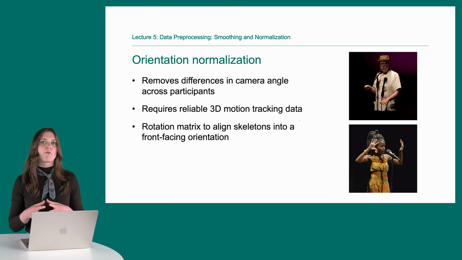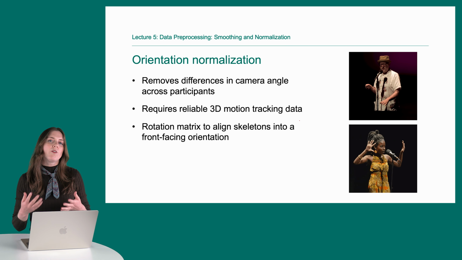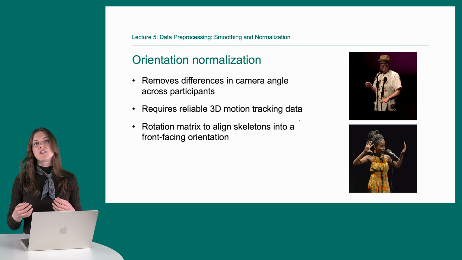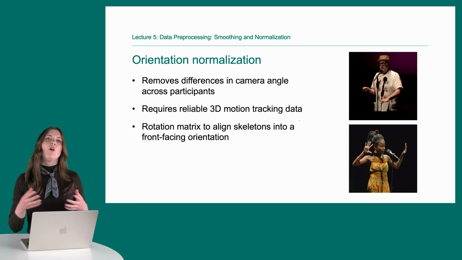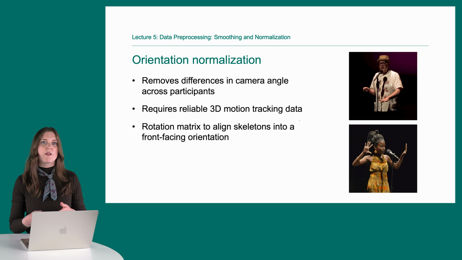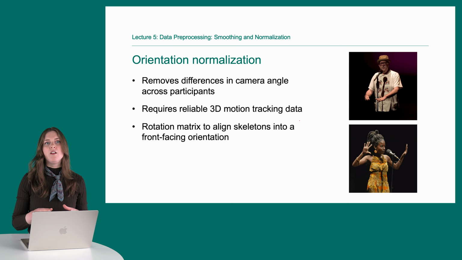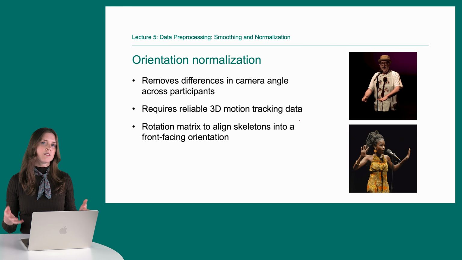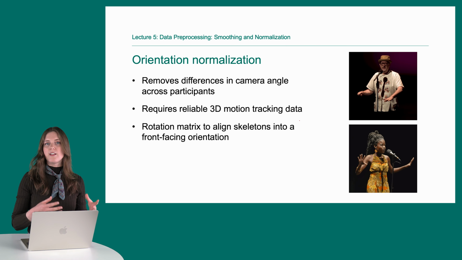In order to correct for rotational differences and body orientation, you need reliable 3D motion tracking data. You can do this with markered 3D motion capture systems like Vicon, or you can do it with video-based motion tracking if you triangulate 3D motion data from 2 or more synchronized cameras. For this lecture series, we were not able to correct for these orientation differences, so this is a limitation of our dataset.